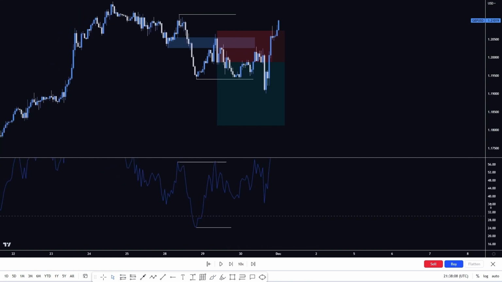In this example, where I was looking for a continuation was actually in an area of oversold price. Because we're trading just under this 30 level as the initial push down, this is indicating to us that price is potentially oversold, and what we should be doing is looking for potential reversals.